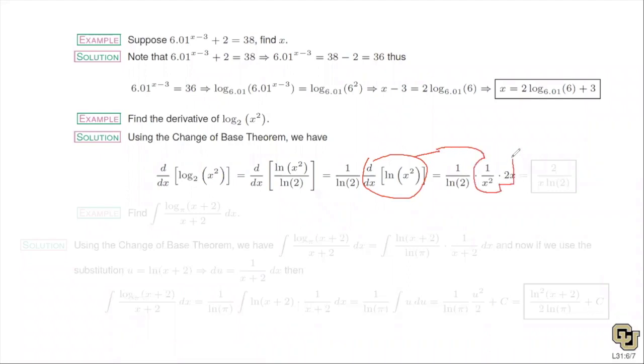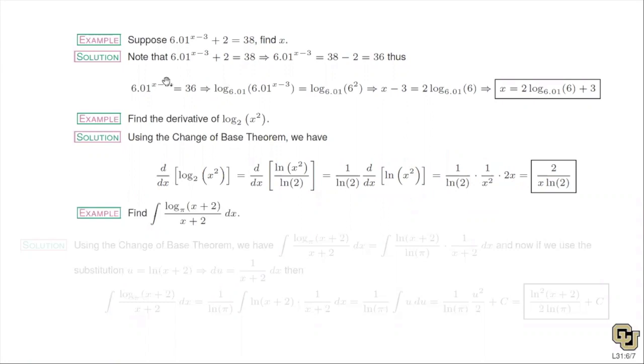The derivative of x squared is 2x. Certainly you can bring the 2 out in front and then take a derivative, and you'll get the same answer. So I put everything together, and there's your derivative. And that's why change of base is useful. You change the base into the natural log, which we know how to work with.